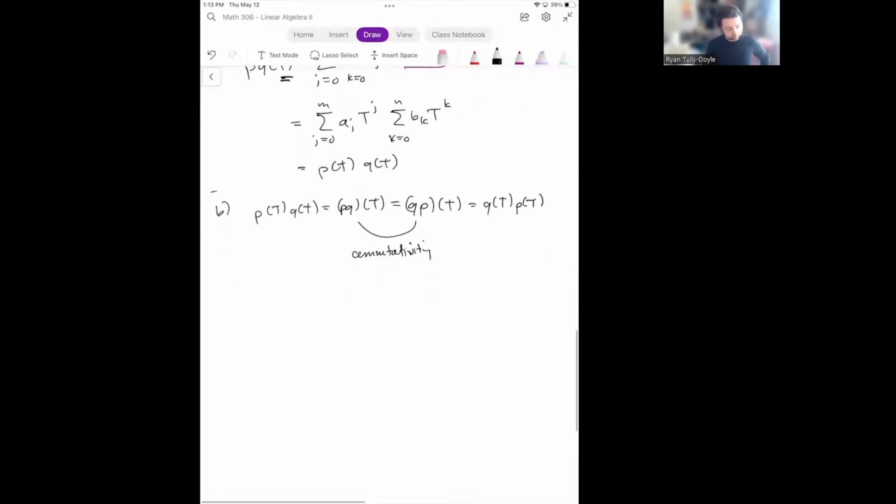Okay, so now maybe we have got what I really wanted to talk about today, the upshot of this video: we can use polynomials, as polynomials of operators, to prove that any operator on a finite dimensional complex Hilbert space has an eigenvalue. And we're going to use the interplay between complex polynomials and polynomials of operators to do that.